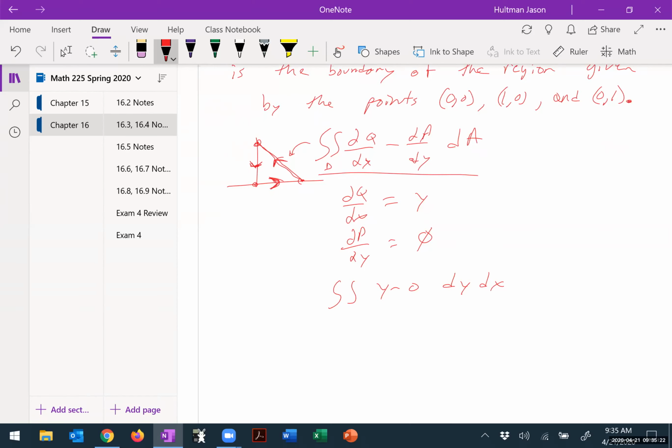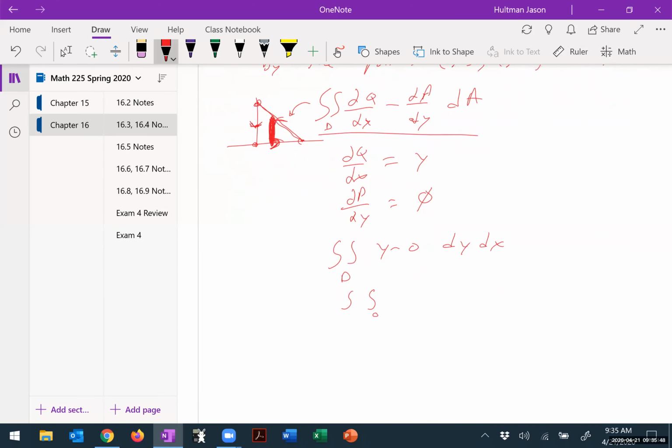Now what about our limits of integration over D? We're first taking our slices over D with respect to y. This goes from y equals 0, the bottom here, to this line.